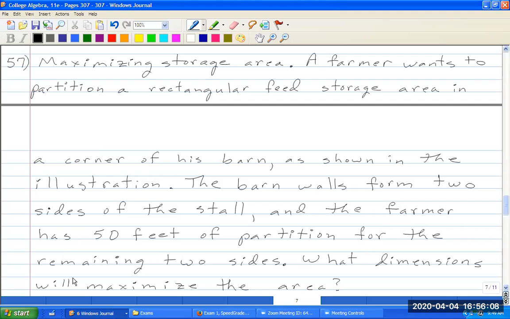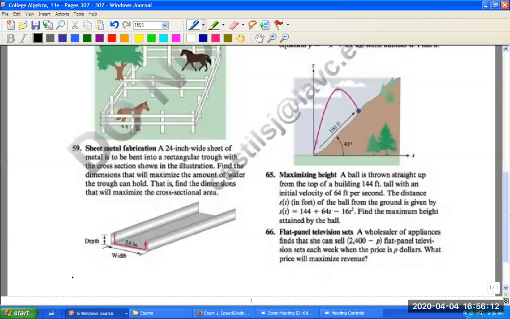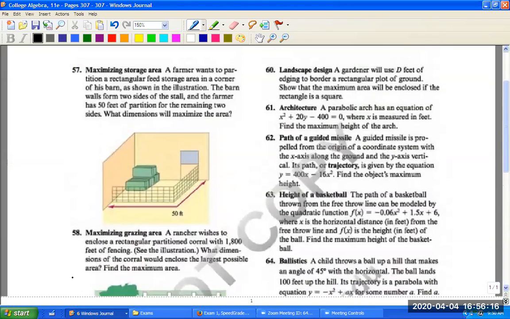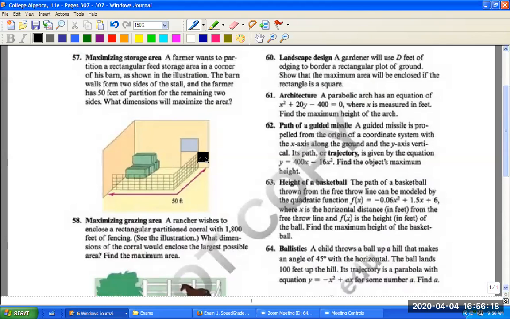So a farmer wants to partition a rectangle, there it is. And so he has this partition. So he's partitioning off this storage area. I can read the question here.